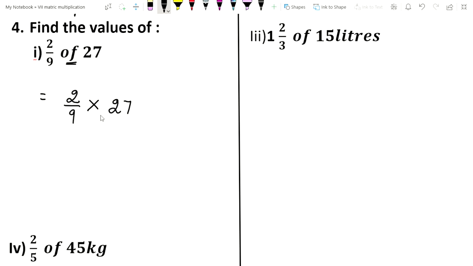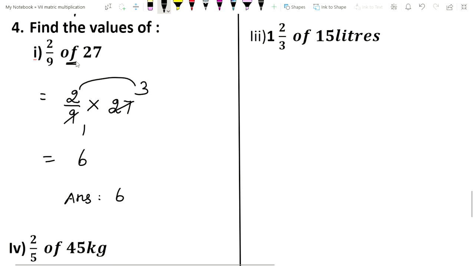But 9 and 27, a common factor is there. 9 ones are 9, 9 threes are 27. Now you multiply the numerators, 2 threes are 6. 6 by 1, what will you get, children? 6 only. So what is the answer? 6.